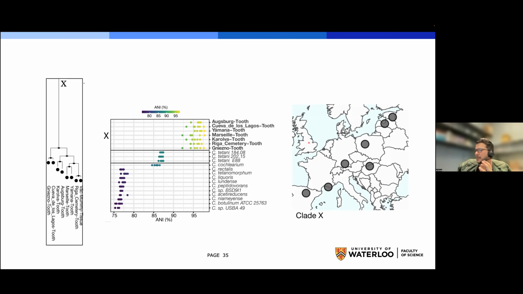And so, again, we've called this Clostridium species X, which seems to be completely unique so far to archaeological samples. And there, I'm just showing you, again, the geographic distribution on a map.